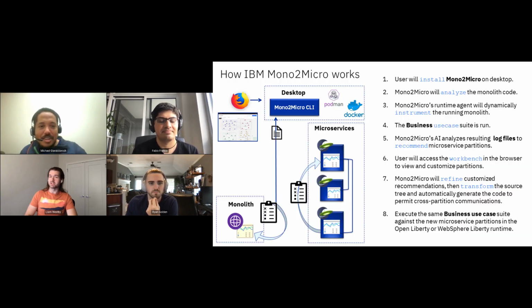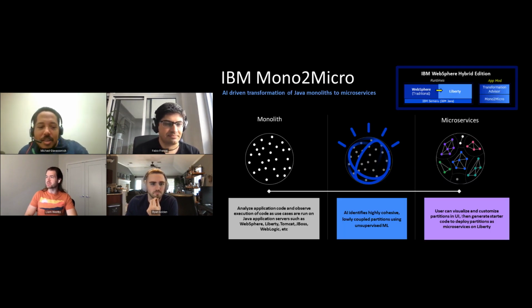Hey, we've got a question in the chat here. It says, is Mono2Micro something like Cold Fusion? Is it for simplification of application development? It is not for simplification of application development. I think it's for simplification of decomposing your application.